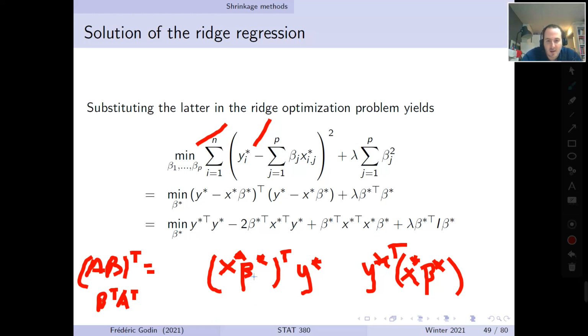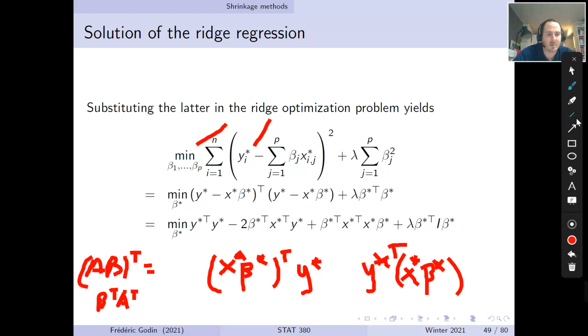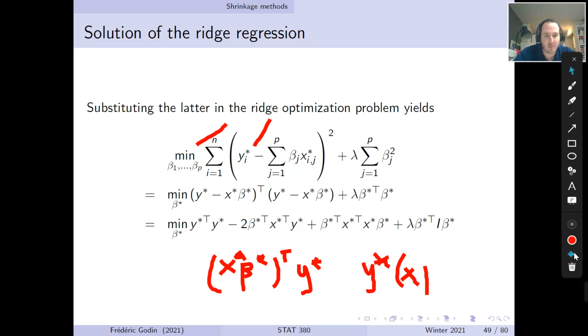So this quantity, if you transpose it, becomes y transpose times this whole thing transpose transpose, and transpose transpose means just untransposed. So this is why the 2 appears here. It's because it regroups two terms that are exactly equal. Okay, so let's go back to the next slide where we were differentiating.